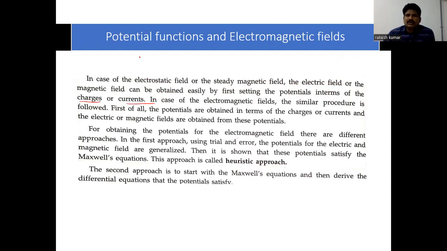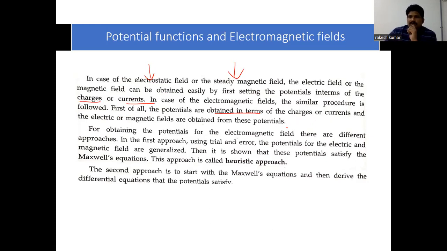But for electromagnetic fields, the combination of both electric and magnetic fields, the similar process: first, the potentials are obtained in terms of charges or currents, and the electric and magnetic fields are obtained from these potentials.